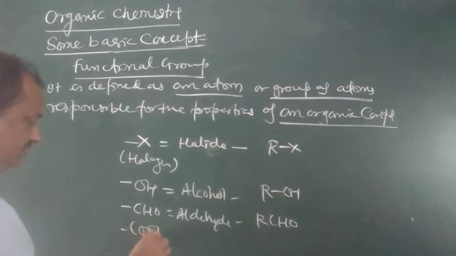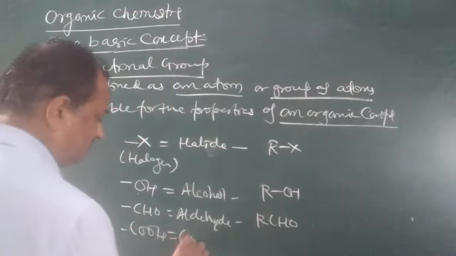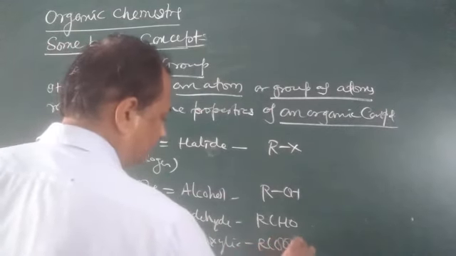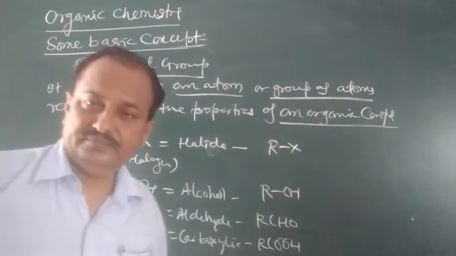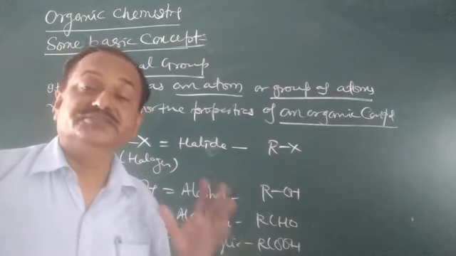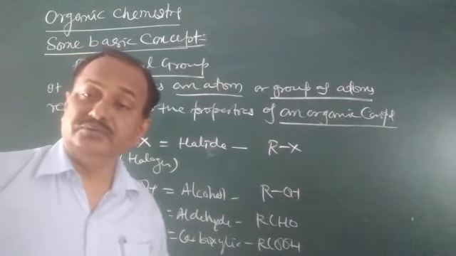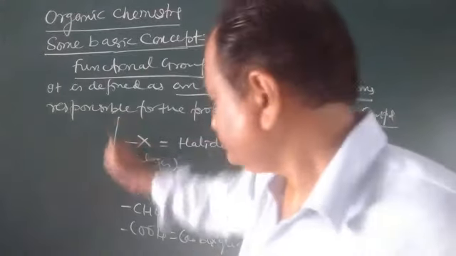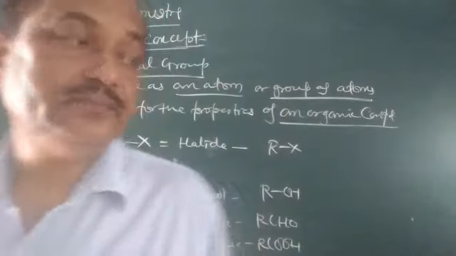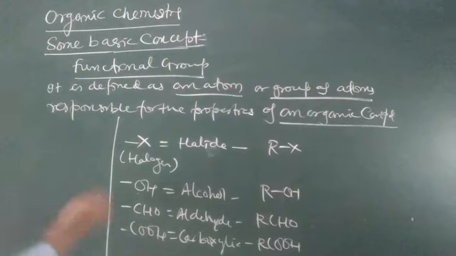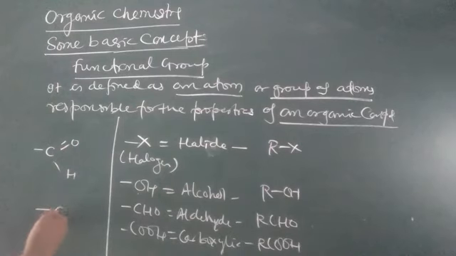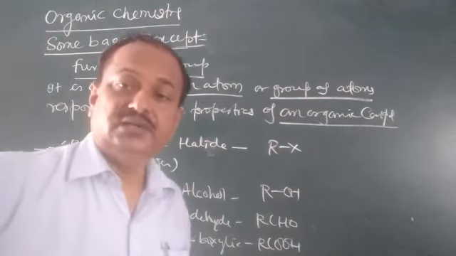If it is COOH, then it is carboxylic acid and RCOOH. It is responsible for the physical and chemical properties of an organic compound, and so it can be an atom or group of atoms. Like if I write here this CHO, so carbon double bond, then COOH, C double bond. So this is about the functional group.